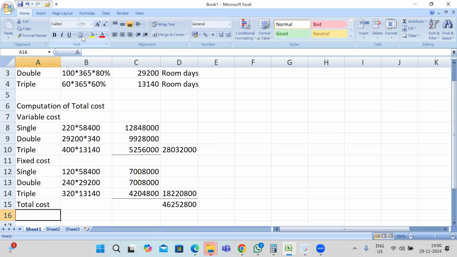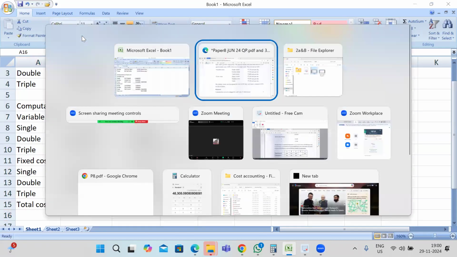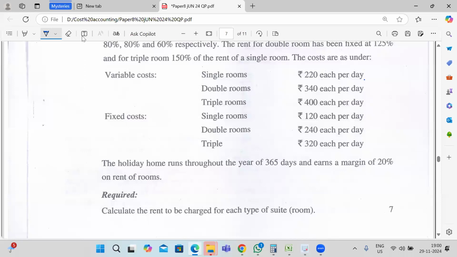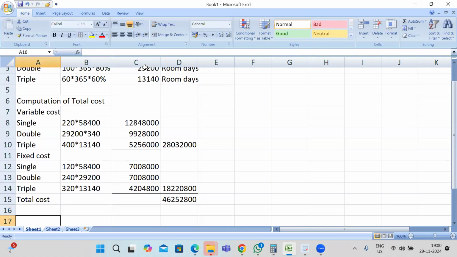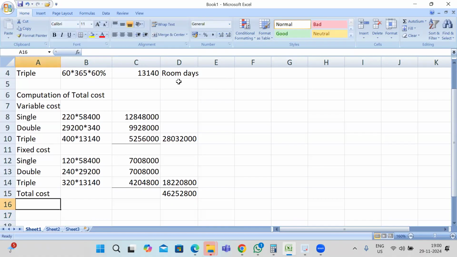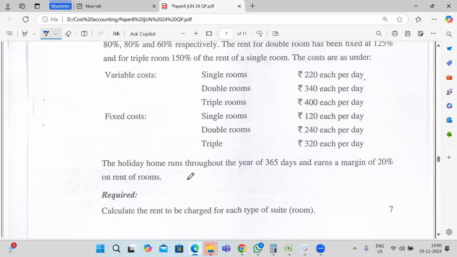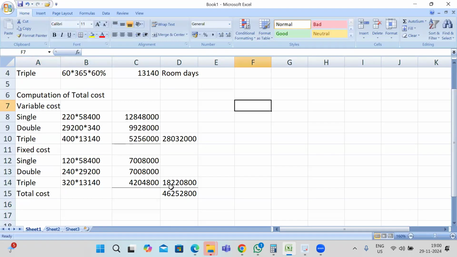So now we need to calculate the rent. Here they have mentioned 20 percent margin on rent, they have said, right? So if rent is 100 percent, my margin is 20 percent, so my cost will be 80 percent.